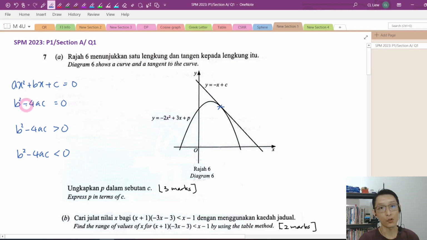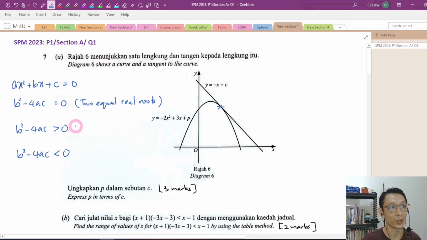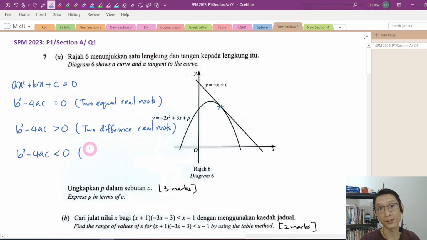If b squared minus 4ac is equal to 0, there are two equal real roots. If b squared minus 4ac is greater than 0, two different real roots. When b squared minus 4ac is less than 0, no real root.